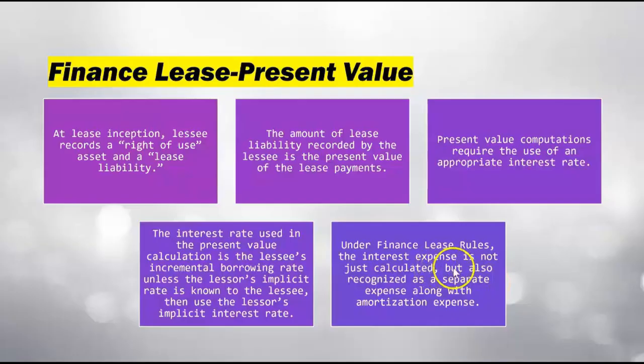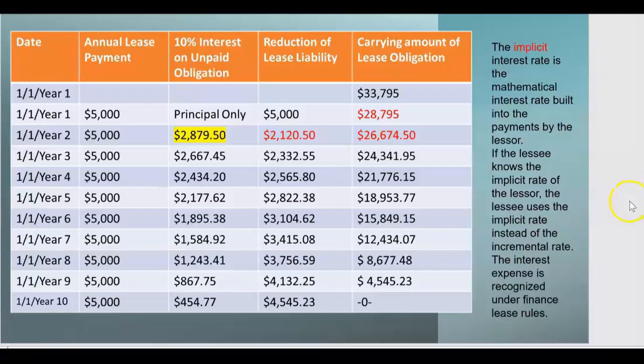Under finance lease rules, though, the interest expense is not just calculated, but also recognized as a separate expense, along with amortization expense of the right of use asset. And this is the same amortization schedule we looked at in the operating lease video, where we said that the implicit interest rate, in this case 10%, is the math rate built into the payments by the lessor.